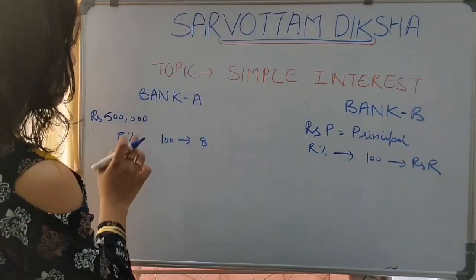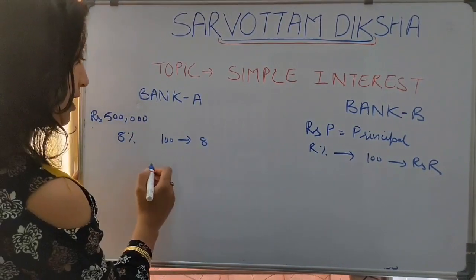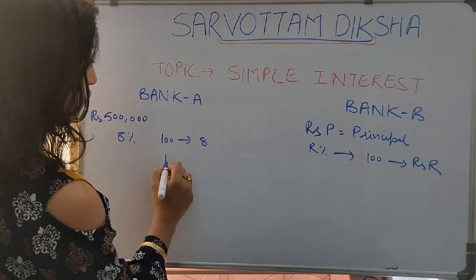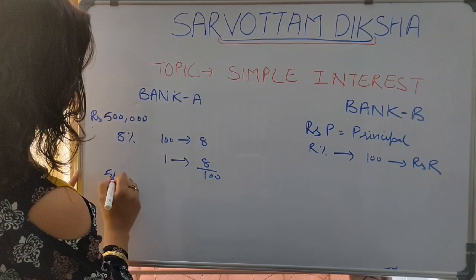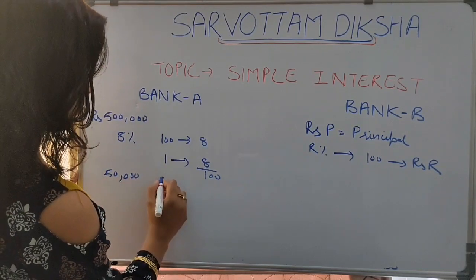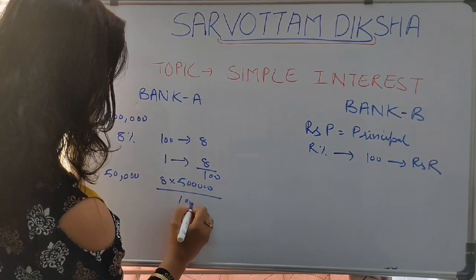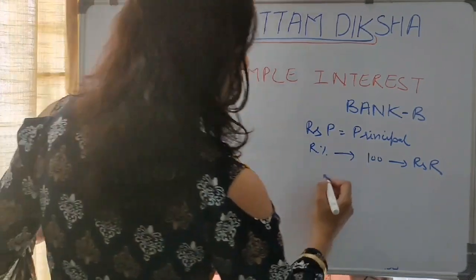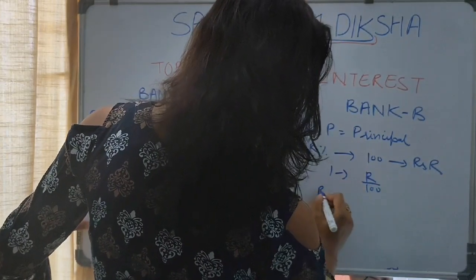Now for 5 lakh rupees, how much do you have to pay them every year? Again, let's do it with unitary method. For 1 rupee, 8 by 100, and for 5 lakh rupees, it will be 8 into 5 lakh by 100. Same way here, for 1 rupee, R by 100, for P rupees.